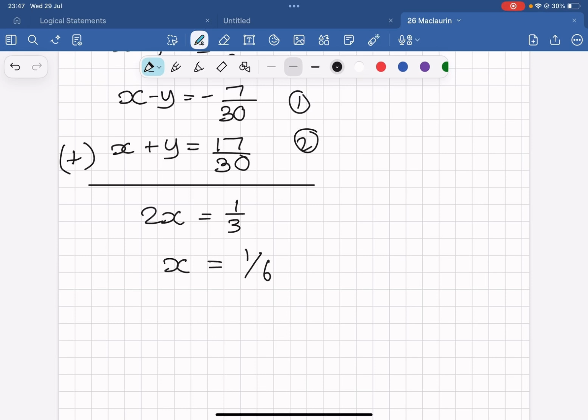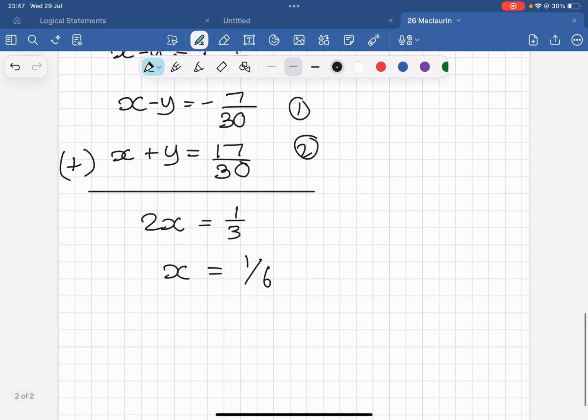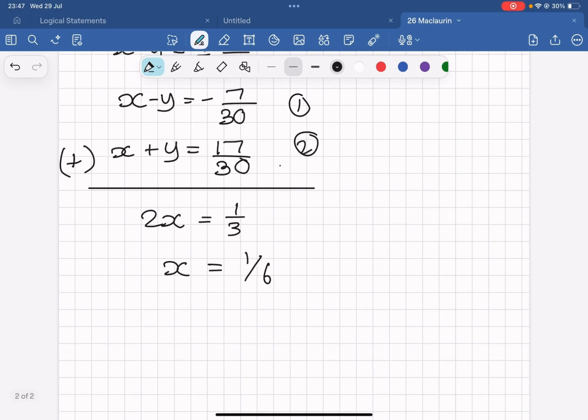And we can always check what y is, and if x is less than y, by just subbing back in. Let's just choose one of our equations. Let's choose 1.